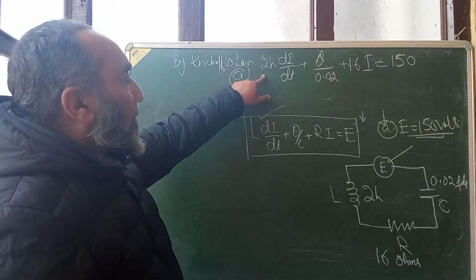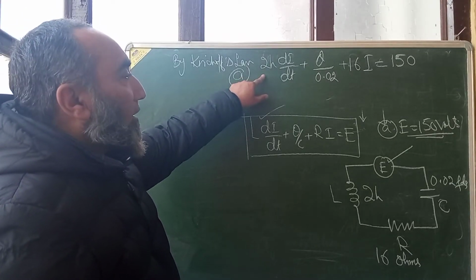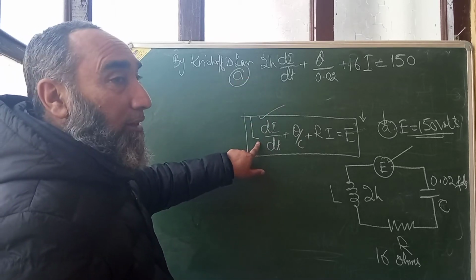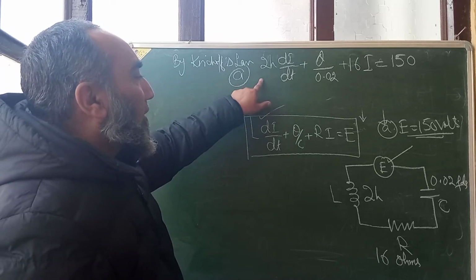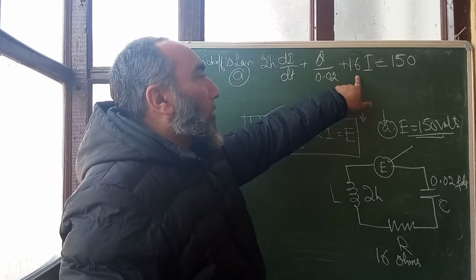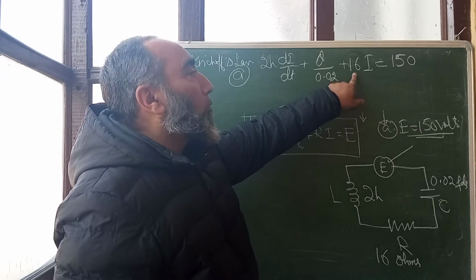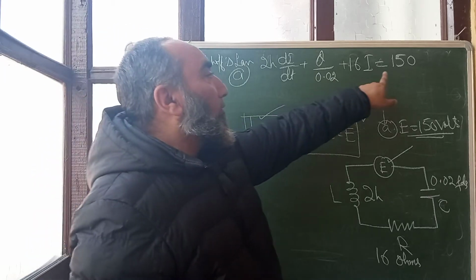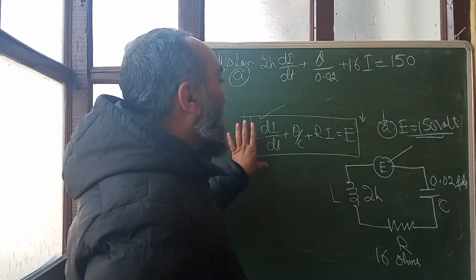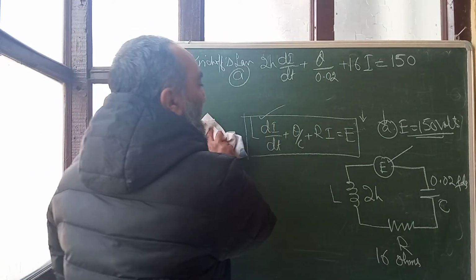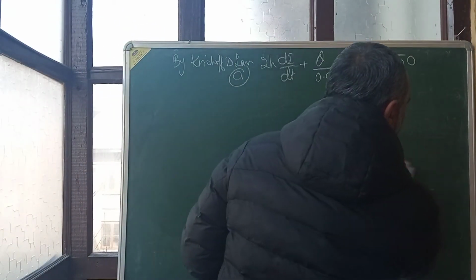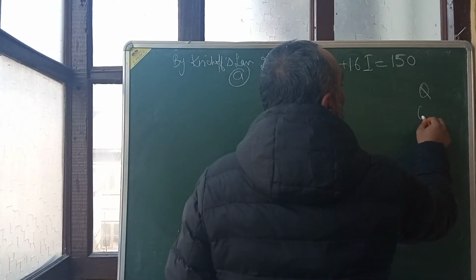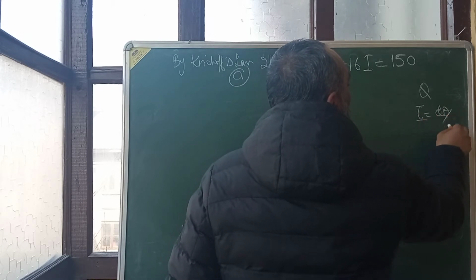If an inductor of 2 Henries, L is the inductance, is connected with a resistor of 16 ohms and a capacitor of 0.02 farads, an LCR circuit, with an electromotive force 150, I have by Kirchhoff's law this differential equation. Now, you know Q is the charge and I is what? dQ by dt.